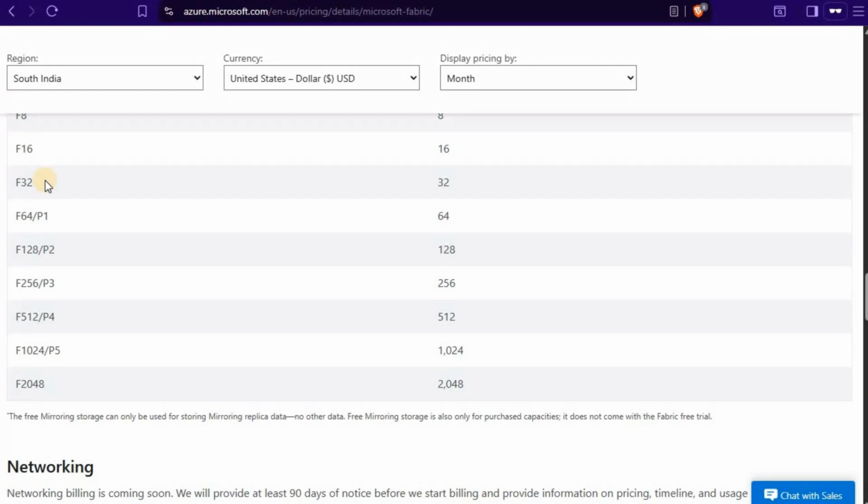If your mirrored data grows to 35 terabytes, you would start paying for the 3 terabytes that exceed the free 32 terabytes. Please note, the free mirroring storage is a benefit of paid capacities only. If you're just using the Fabric free trial, the free mirroring allowance does not apply.